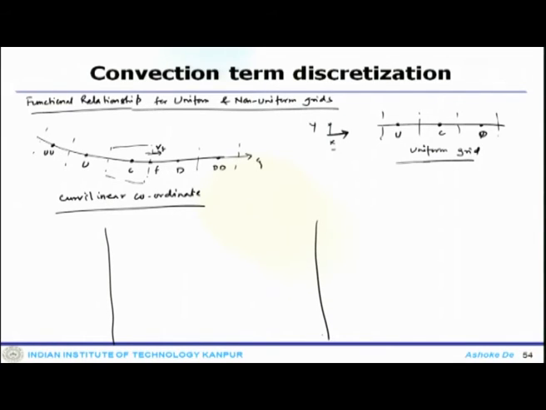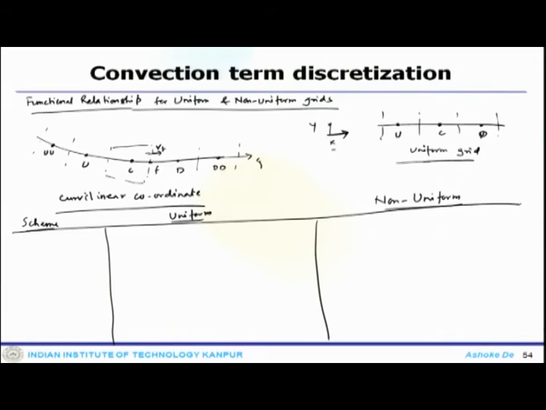Now, if you get all this functional relationship for different schemes, then it should be put together. Let us say this is for uniform system, this is non-uniform system, then these are the schemes that we have so far discussed. So, when you talk about the upwind scheme, this will be uniform case phi f is phi c, this case also phi f is phi c.